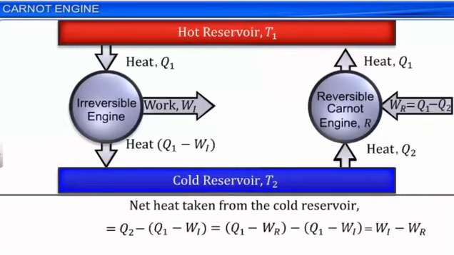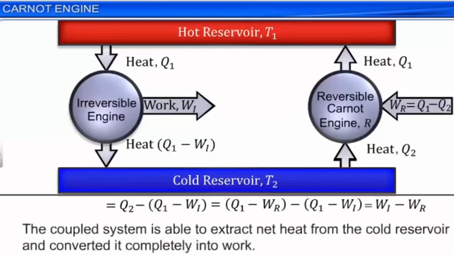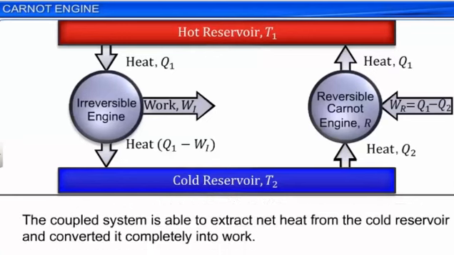This is a violation of the second law of thermodynamics. This means our earlier assumption that eta I is greater than eta R, or the irreversible engine is more efficient than the reversible Carnot engine, is wrong.